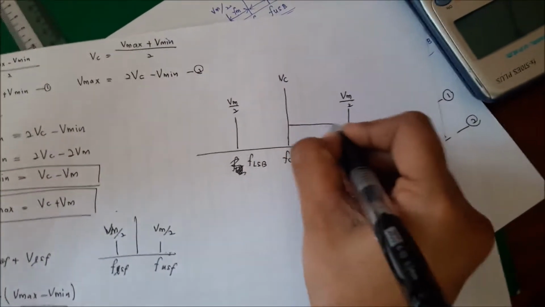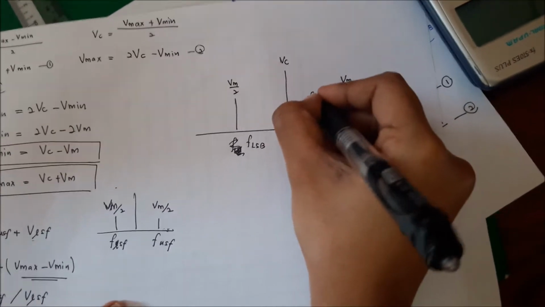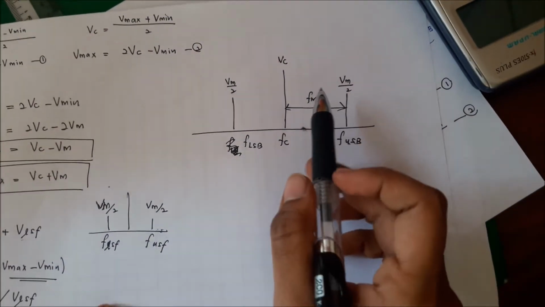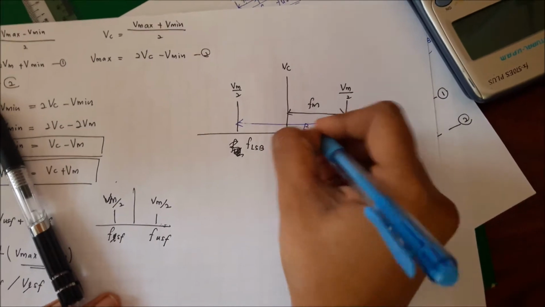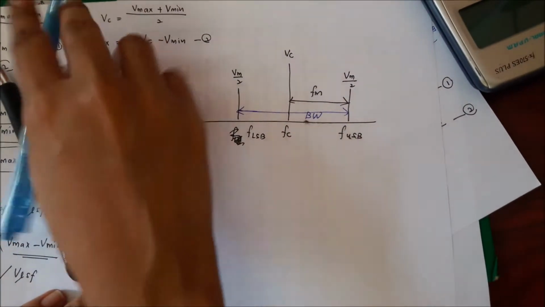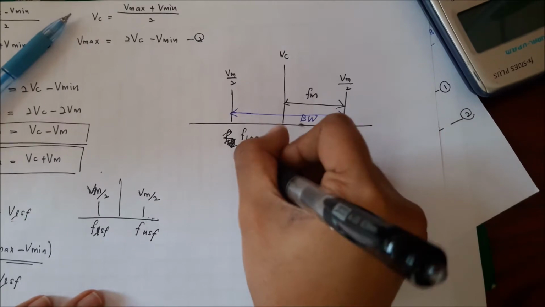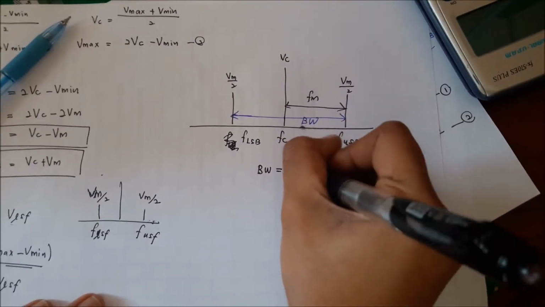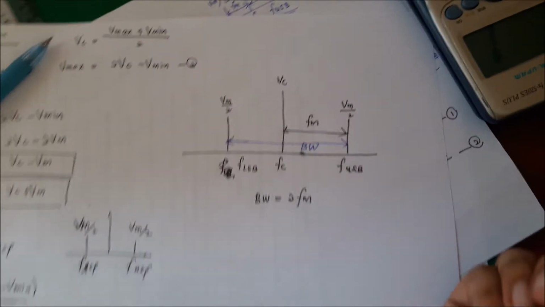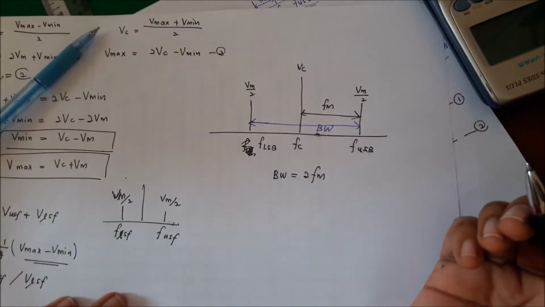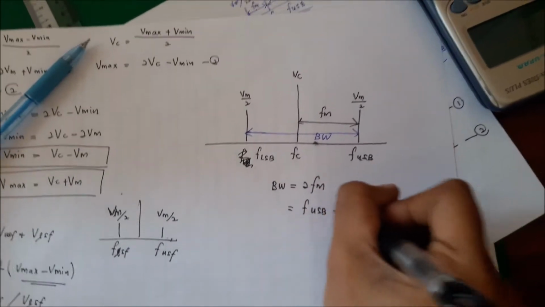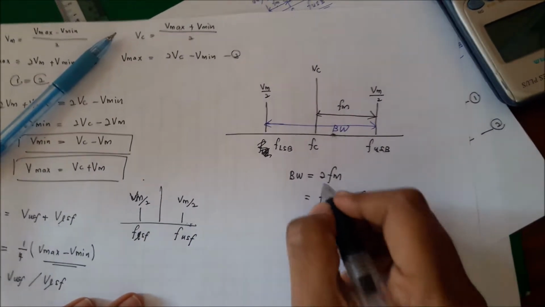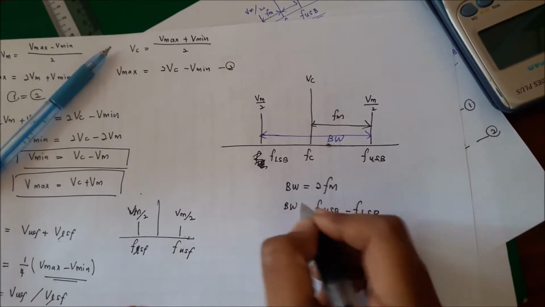From here, this area is actually your FM, and this whole thing is now your bandwidth. So bandwidth is equal to 2 times your FM. Or in other words, you can take FUSB minus FLSB, and you will still get your bandwidth.